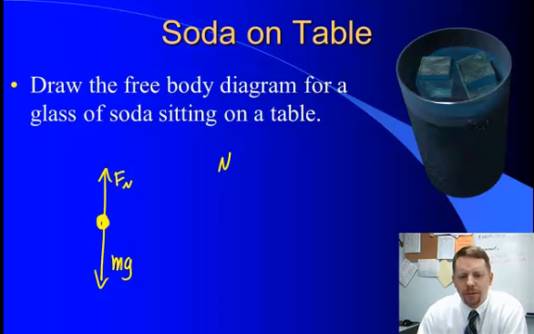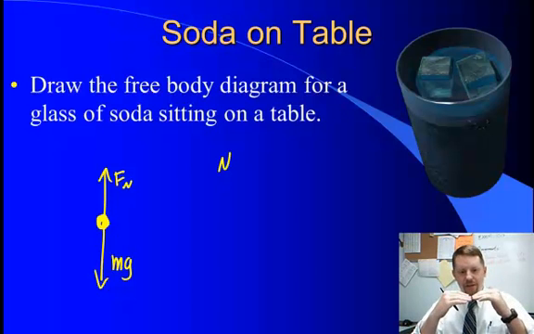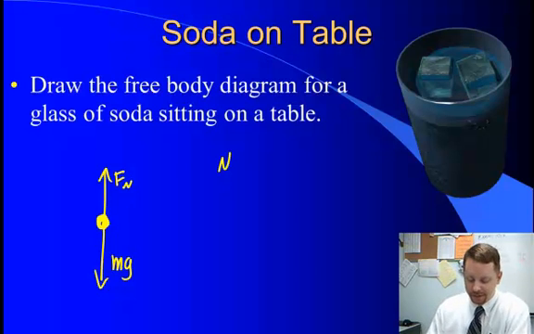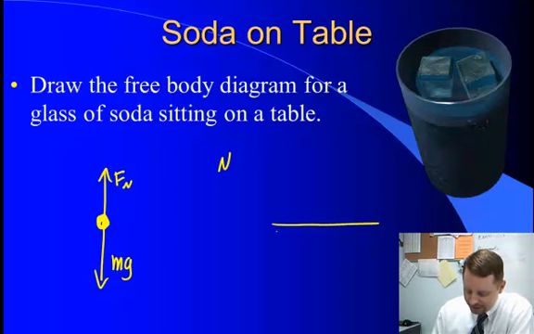What the normal force is, it's a force from the table. As the glass is pushing down, the table bends just a little bit, and almost like a spring it pushes back up to balance that. And they call it normal, not because it's not weird or not strange, but normal is a geometry term meaning 90 degrees.